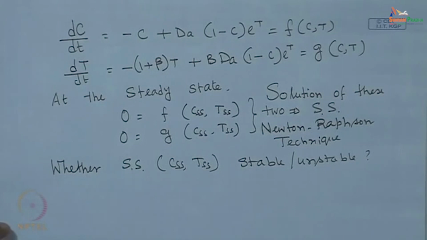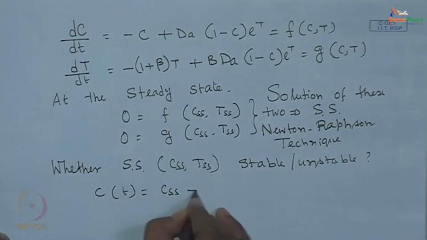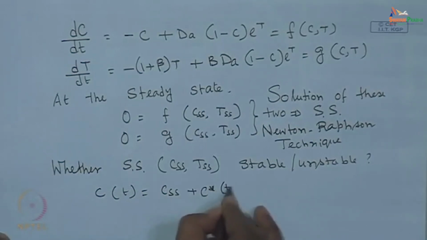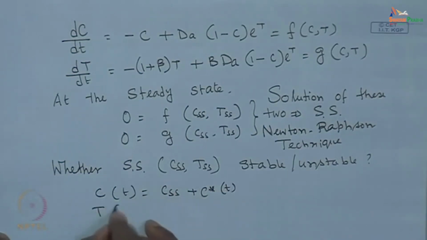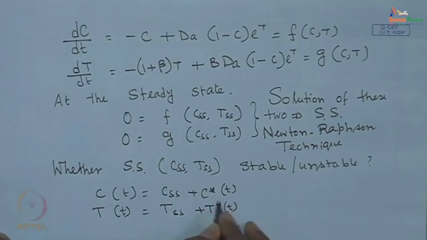So, what do we do? We write C as a function of time as CSS plus C star of t, and T as a function of time as TSS plus T star of t.